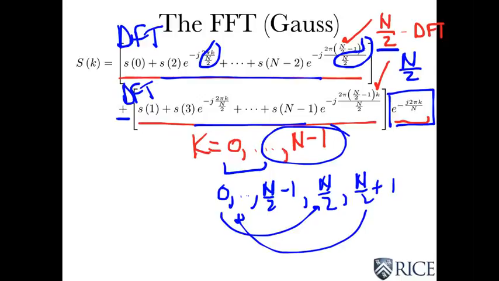The only ones I need to compute are the ones here for the first half. After that, to evaluate these two DFTs, I just reuse my values. It's periodic because of the properties of the DFT. I do have to multiply by this for every value of k. There are no special properties of that. But still, I've saved half my computations. Say that again: I've saved half right away.